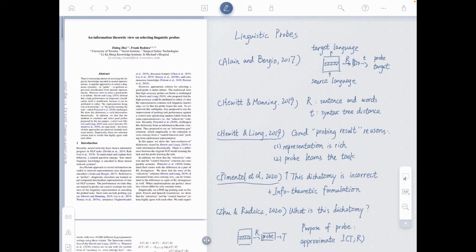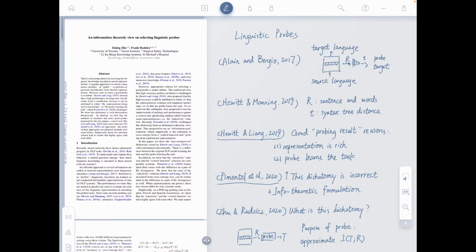Two years later, Hewitt and Manning in 2019 showed that this diagnostic classifier task setting could be used to probe syntax tree distance from the sentence and word representations. A few months later, Hewitt and Liang showed that a good probing result, which is traditionally considered as a low classification loss, could result from either of the following two reasons.